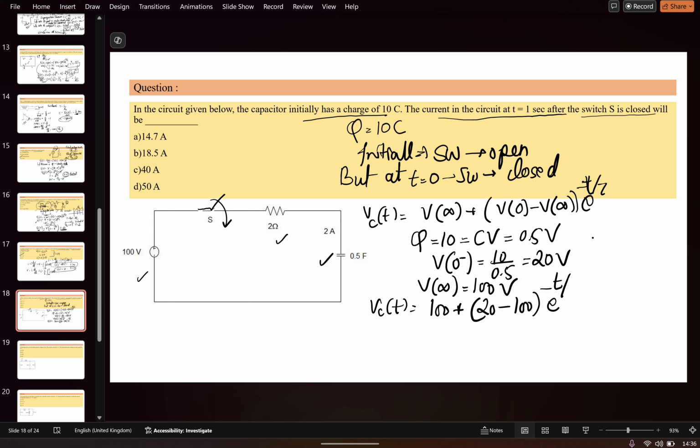What is the value of tau? Tau is equal to R C. Short circuit the voltage source, and it becomes R Thevenin, which is given as 2.5. It came out to be 1 second, so t by 1. Okay, so the standard equation will become 100 minus 80 e to the power minus t.